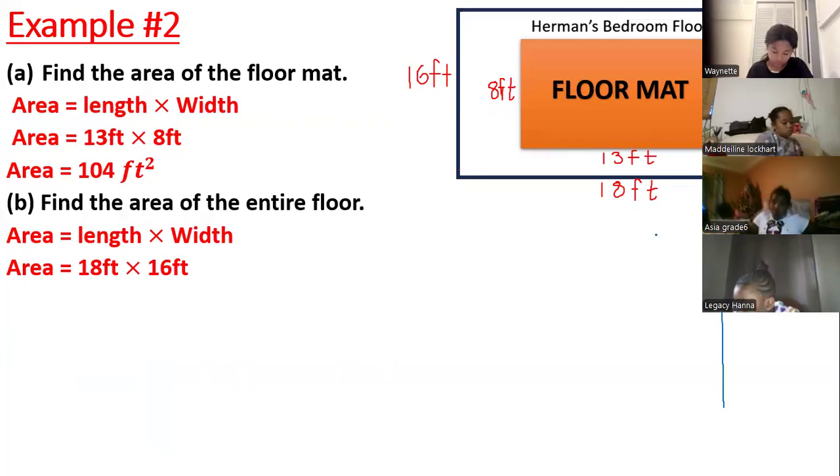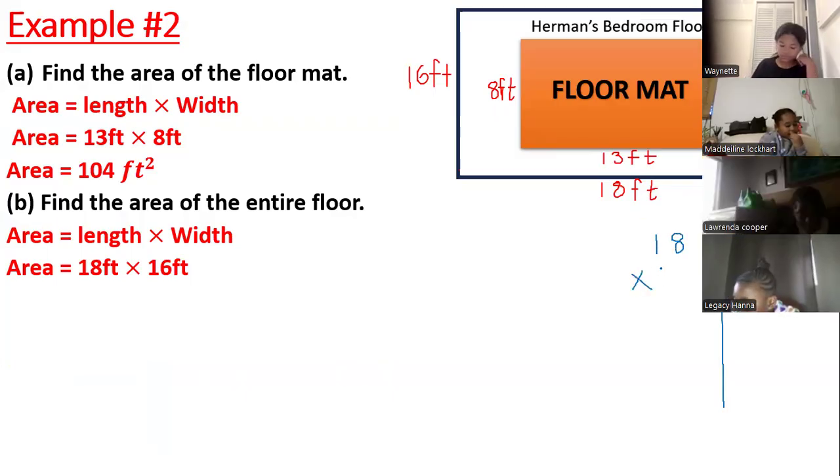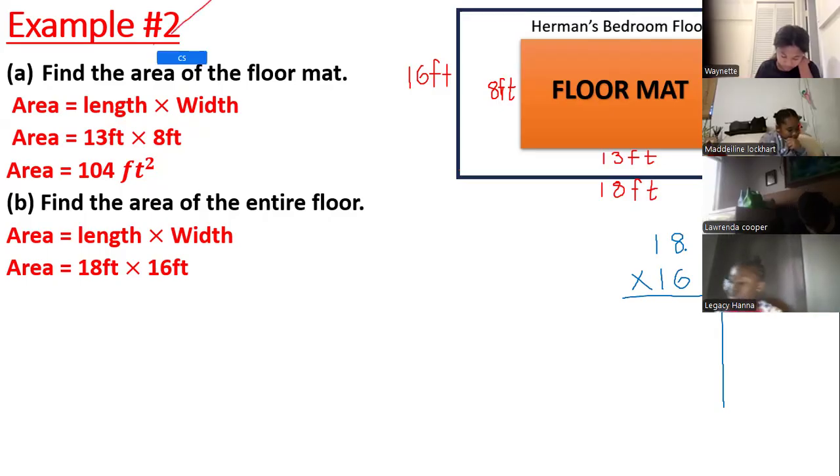All right, so we have 18 multiplied by 16. I got my answer too. What you got? 288 feet squared. Okay, good. Maya, what is 6 times 8? 48. Winnet, what is 6 times 8? 48. Very good.